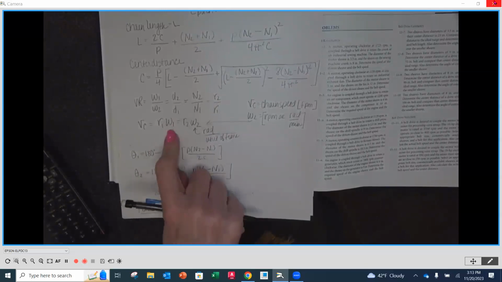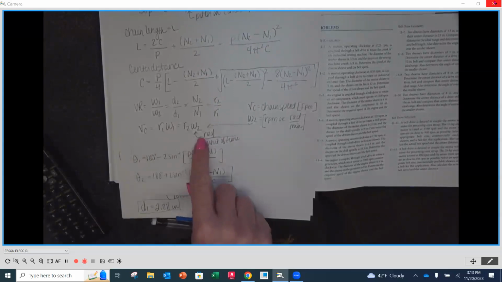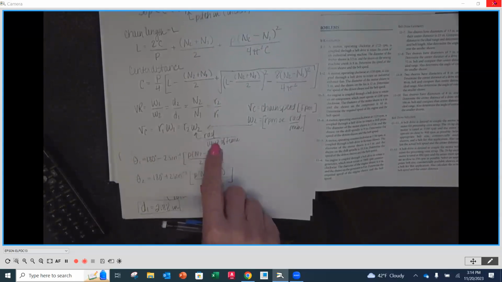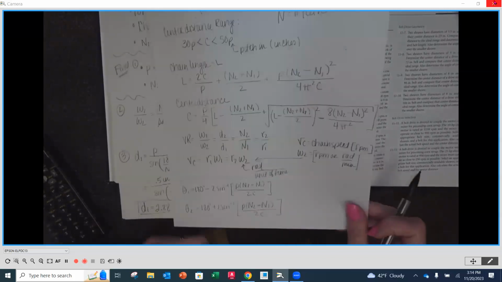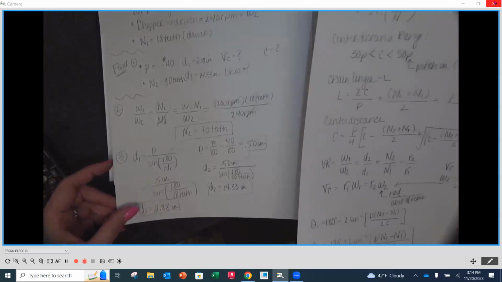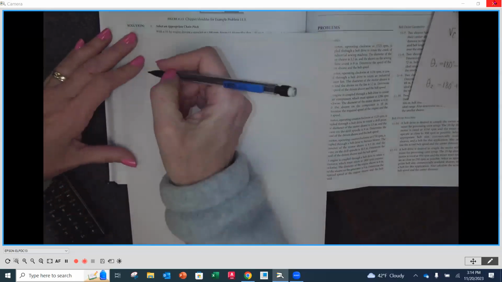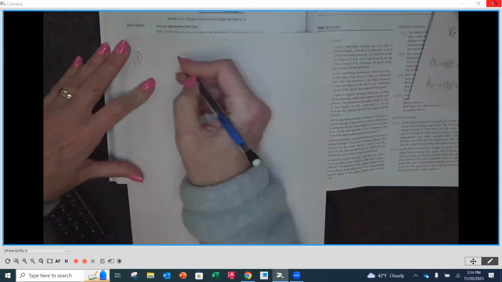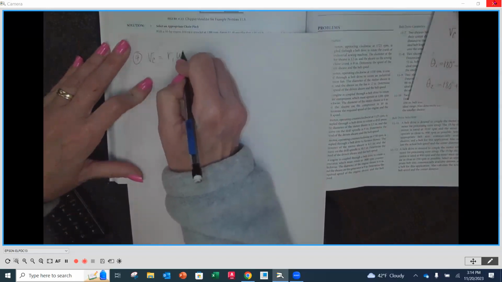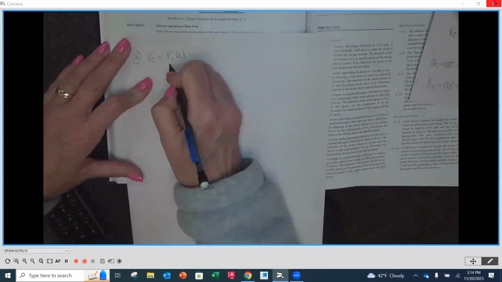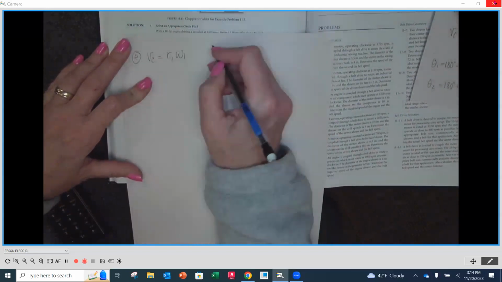Now we can't use 1200 RPM here, and we know we want to get to feet per minute. So we're going to convert so that we get into radians per minute before we use that equation. Step number 4, chain speed. So VC is equal to R1 W1, and R1 is the radius of the pitch diameter. But we need W1 in radians per minute.